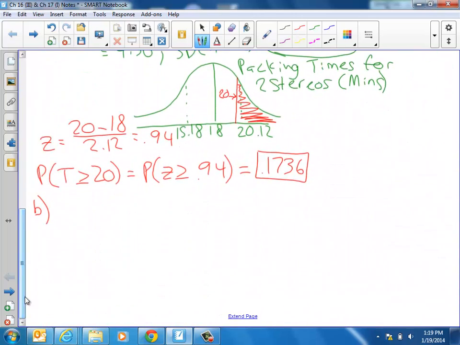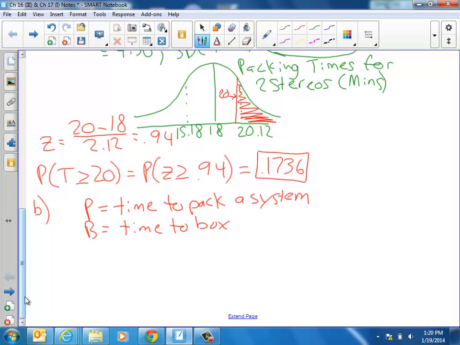Let's go down here and define our variables. So P is equal to the time to pack a system, a stereo system. That's the first thing we need. We also need B. That's equal to the time to box a system. All right?